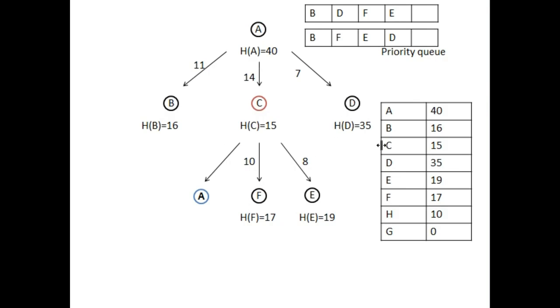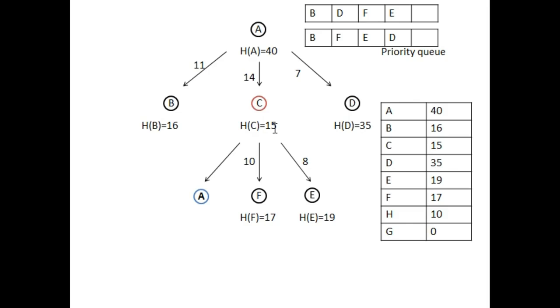Let's look at this slide to see how best first search allows us to revise our decision. I change the heuristic values: the heuristic value of C is 15, of D is 35, and of B is 16.